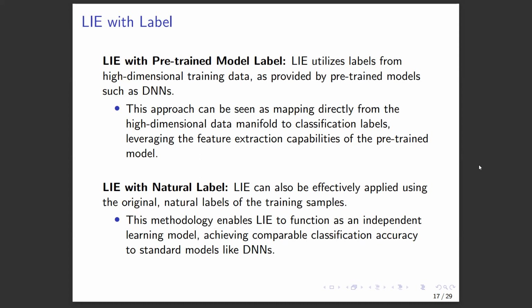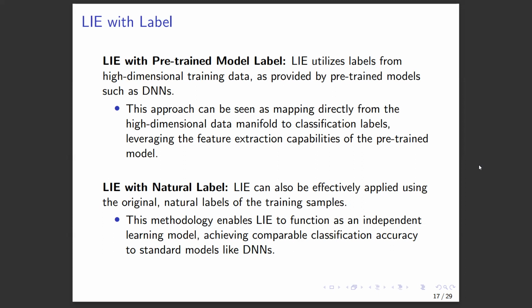But for the first scenario, the LIE with the pre-trained model label, this approach enables LIE to directly map the complex data to classification labels, utilizing the advanced feature extraction of a model like DNN for efficient inference. And for the second scenario, the LIE with natural label, this method allows the LIE to operate as an independent learning model.